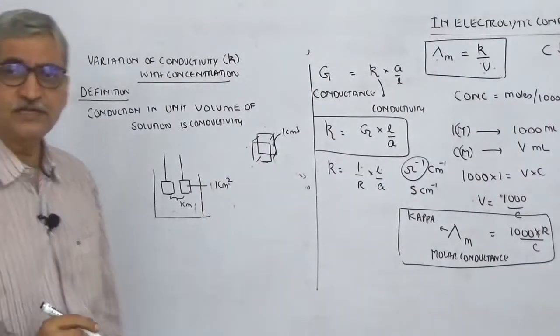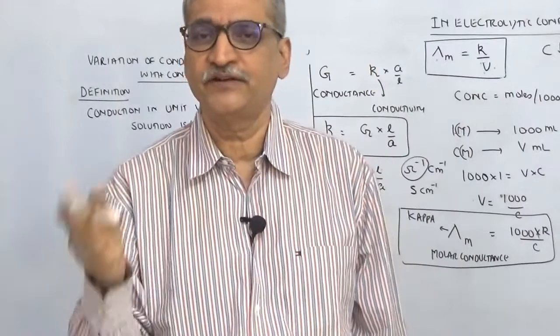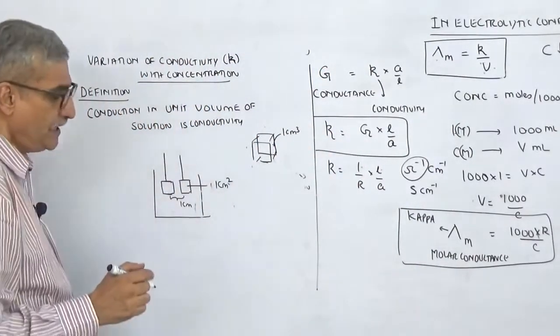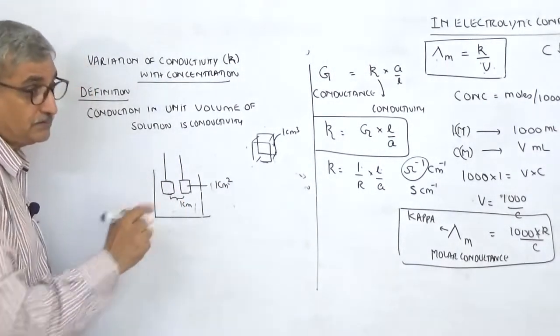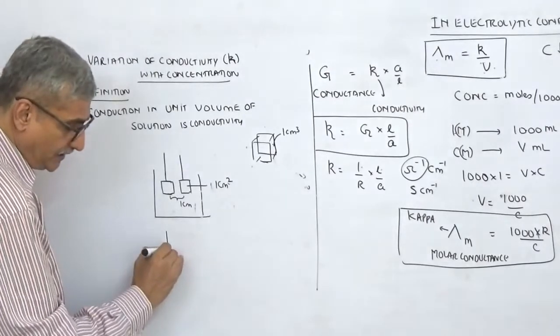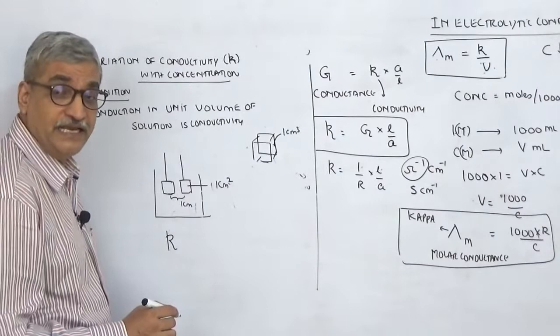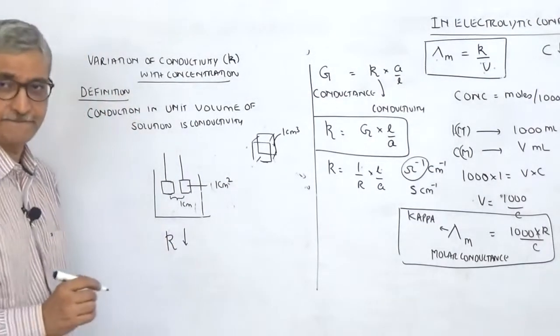In case of solution, the definition there will be different. For an electrolytic conductor, the definition in an electrolytic solution will be slightly different. Now look at the case of conductivity K, as the dilution increases, that is concentration decreases.